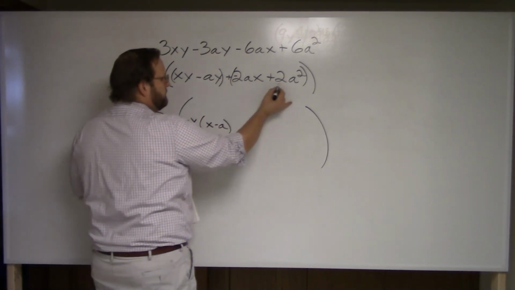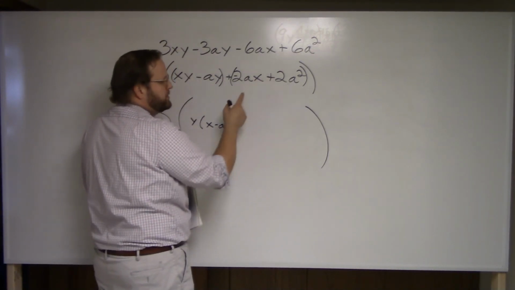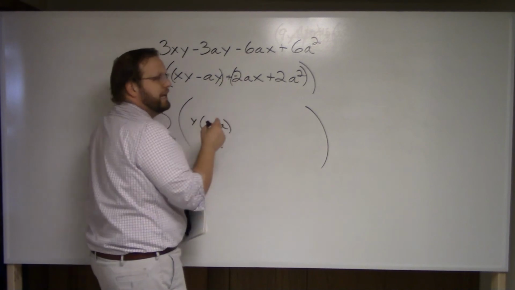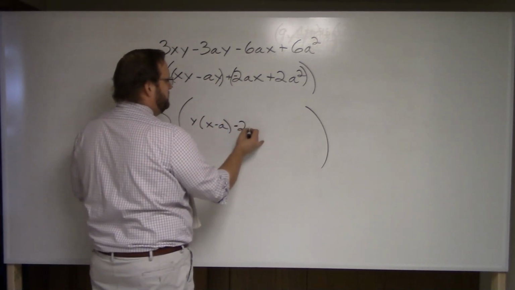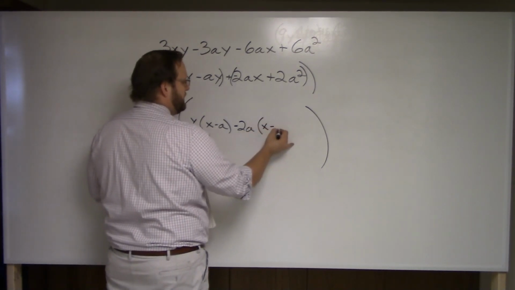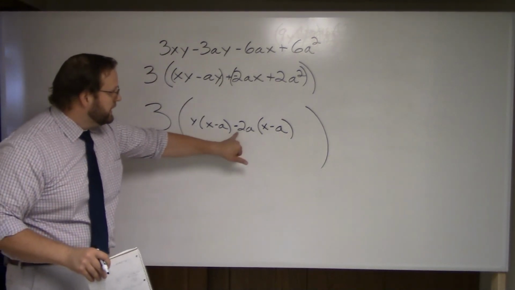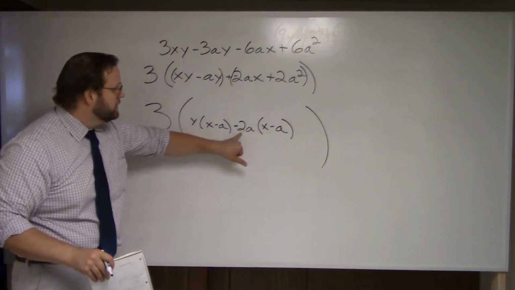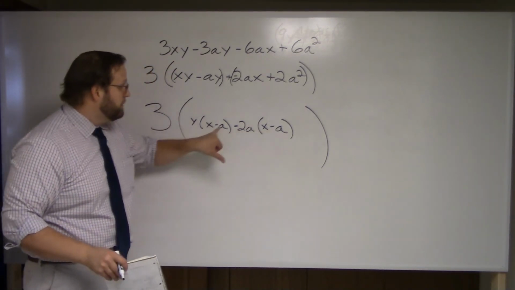Then here, I'm going to take out a 2, okay? Now, 2a, I'm sorry. A lot of times when you see a negative out, people want to just take the negative. Let me show you what happens. Negative 2a, and I've got x minus a. Okay, let's just verify. Negative 2ax, positive 2a squared. These match.